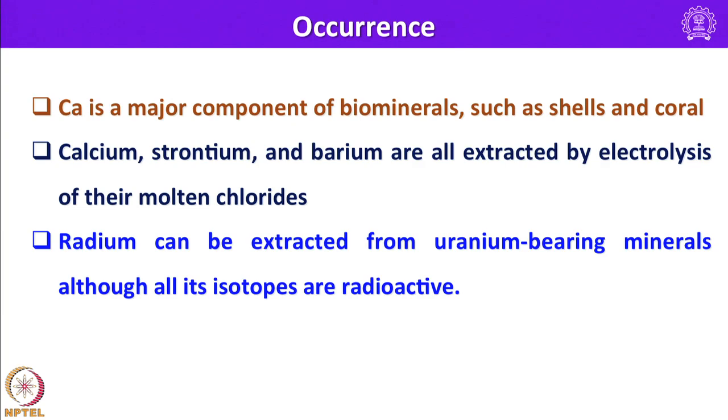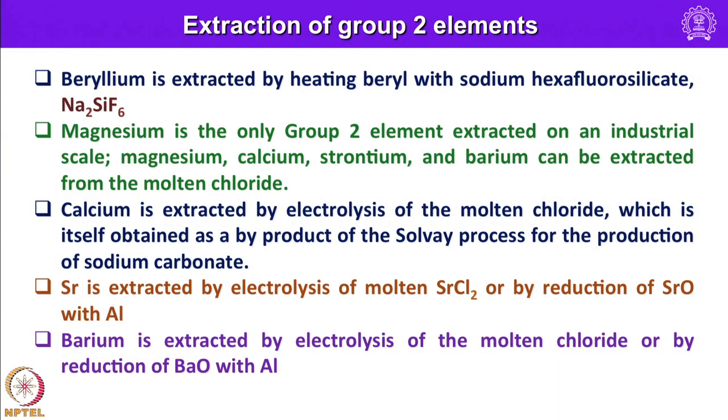All its isotopes are radioactive, and beryllium is extracted by heating beryl with sodium hexafluorosilicate, that is Na2SiF6, and magnesium is the only group 2 element extracted on an industrial scale. Magnesium, calcium, strontium and barium can be extracted from their respective molten chlorides, very similar to the Downs process employed in the extraction and isolation of sodium from sodium chloride.